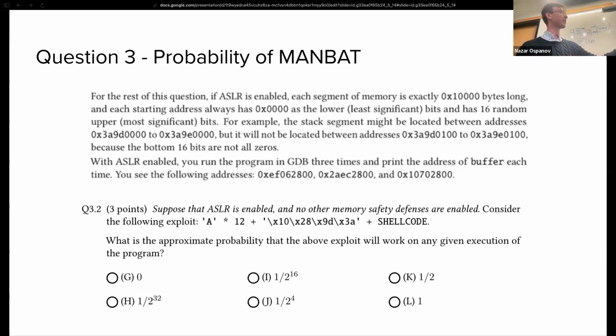So we know that the buffer is always located somewhere that ends with 2800. Only in this case will this work. It does not mean that ASLR works like this in real life. It's just the premise that all the code segments end with 2 bytes of zeros.